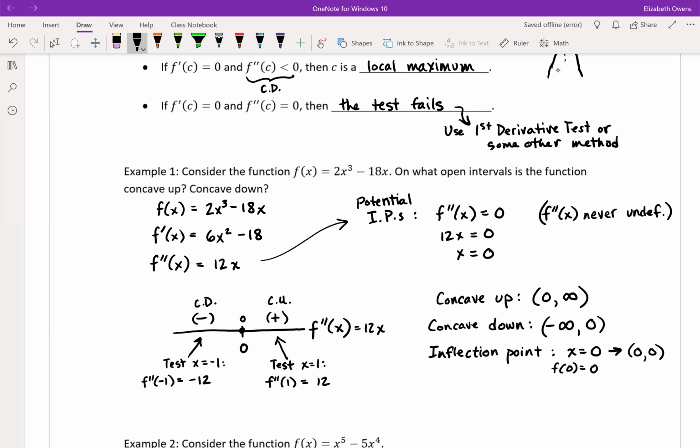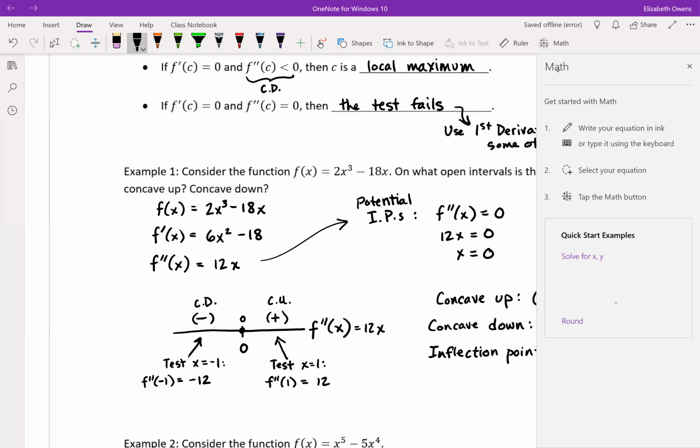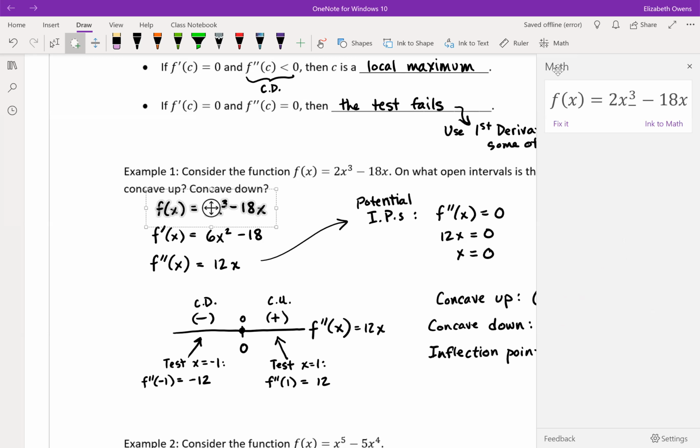All right, now really quickly, let's look at a graph of this function. So let me grab our function here, math it up. Let's see why it's being wonky there.